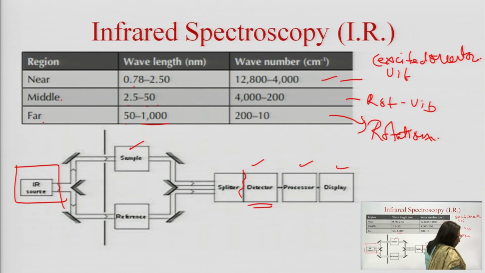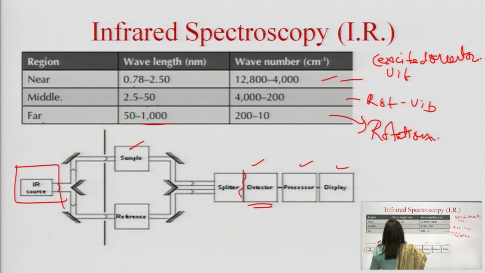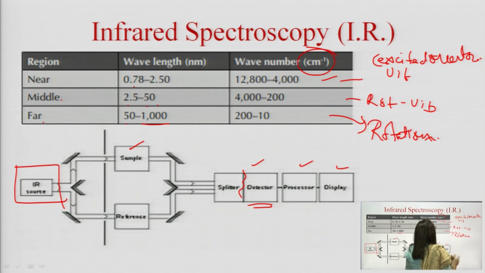Next was IR, where the IR was divided into three regions: near, middle and far. So, the near ranged from 0.78 to 2.5, middle from 2.5 to 50 and far from 50 to 1000. The unit that is commonly used for the IR spectrum is not the wavelength, but the wave number in centimeter inverse.